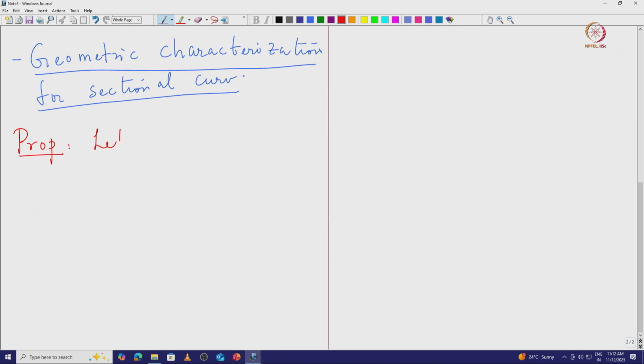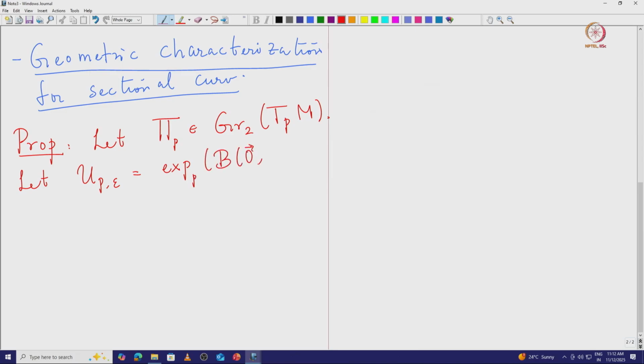So let pi be a two plane in the tangent space at p, let U epsilon be the image under the exponential map of the ball of radius epsilon in the tangent space.